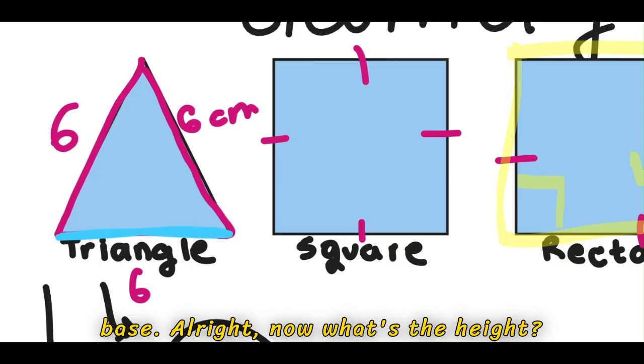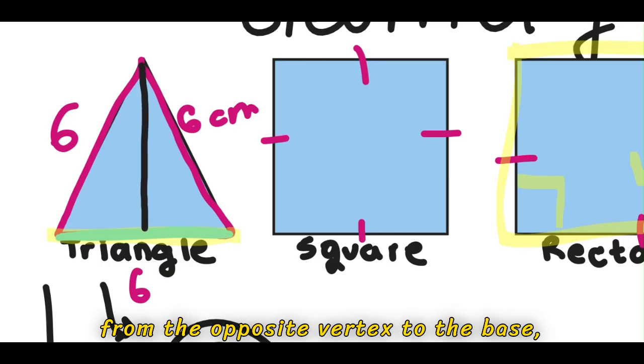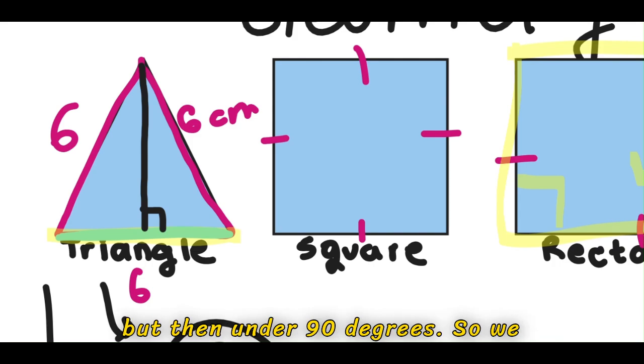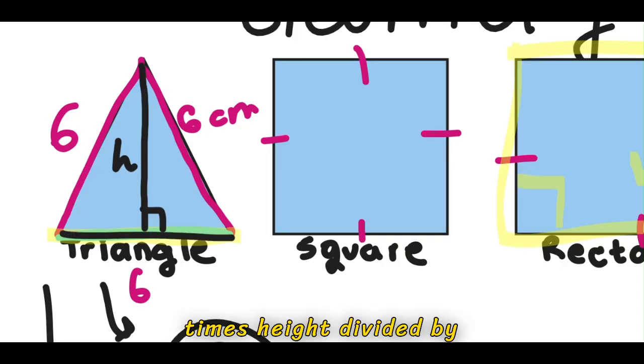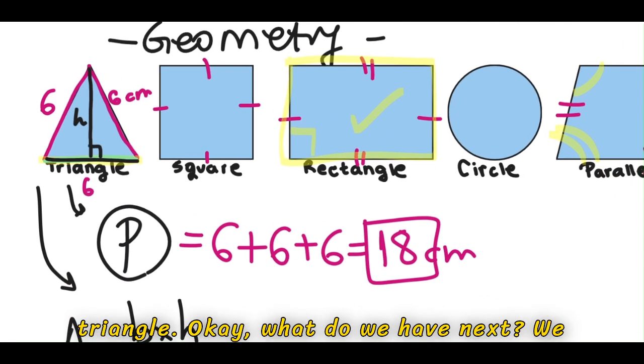Now, what's the height? Height is the length from the opposite vertex to the base, but at 90 degrees. So we call it a height. So base times height divided by 2. And that's how we find the area of a triangle.